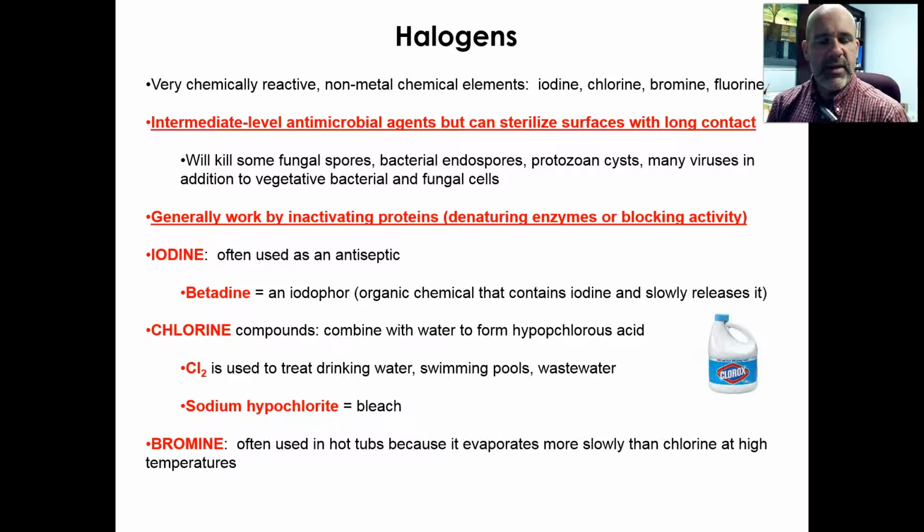All right, so let's talk about some of these different chemical control agents and the categories that they fall into. And there are going to be many different examples in each of these categories.